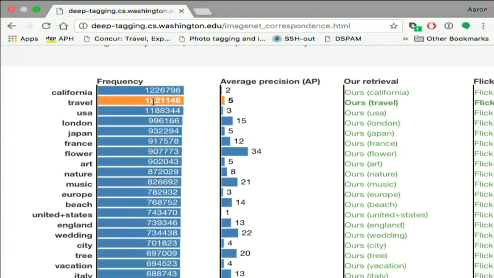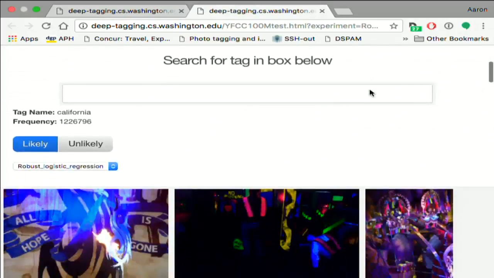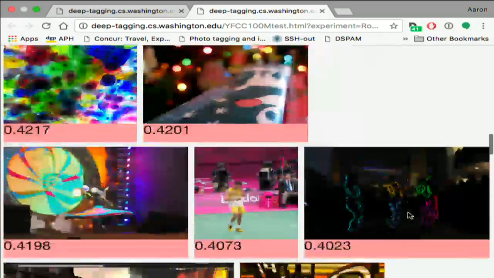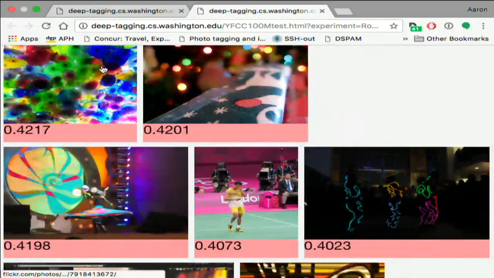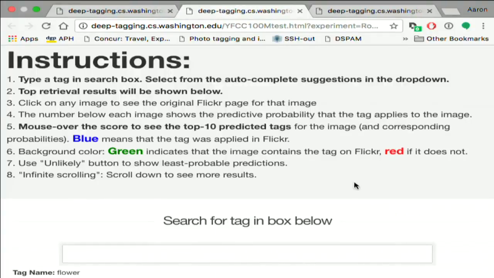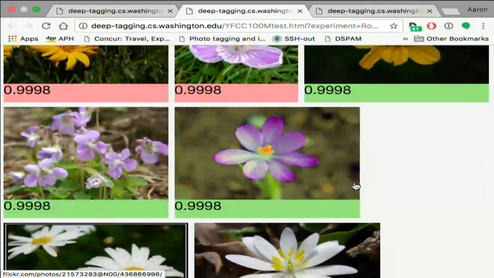You just pick one. A California classifier that we learned, I think it has coast, roads and pelicans. So this is what apparently defines California. The flower classifier is a little less surprising. Pictures of flowers. So the point is, if we model the structure of the noise in user-supplied image data, we can learn good classifiers from it.